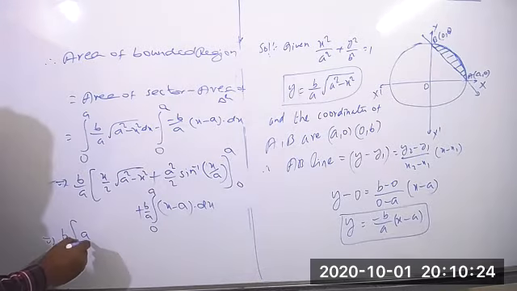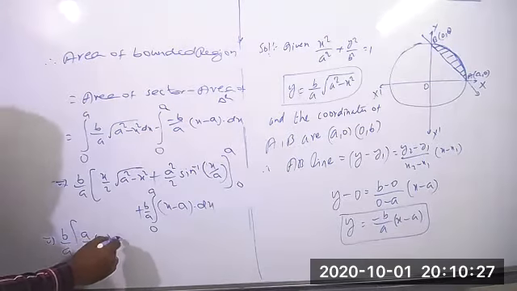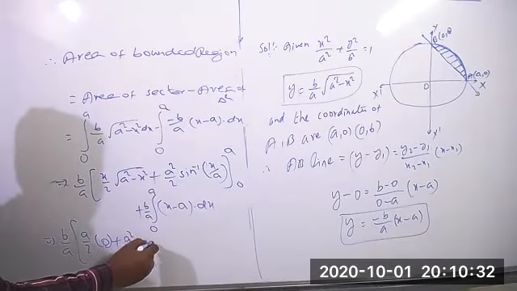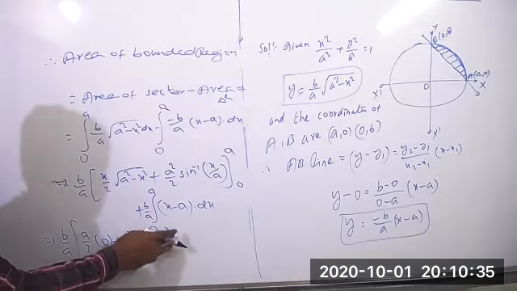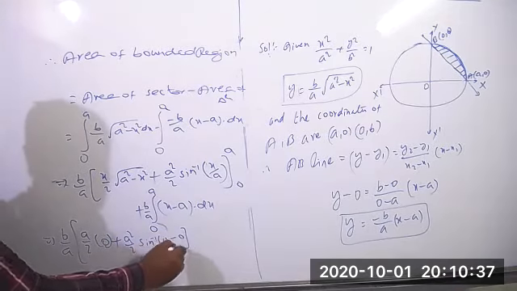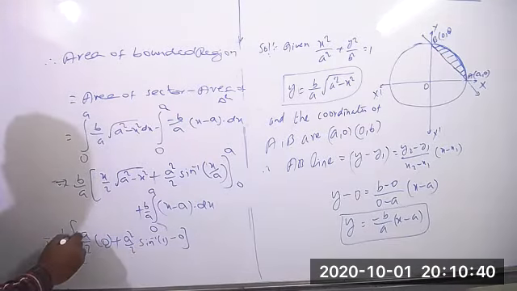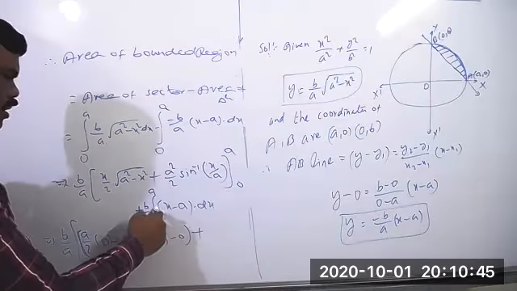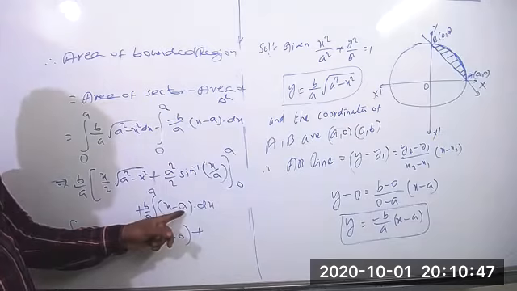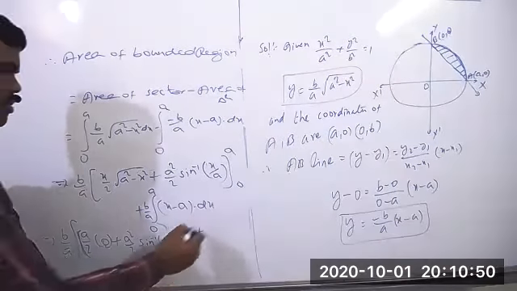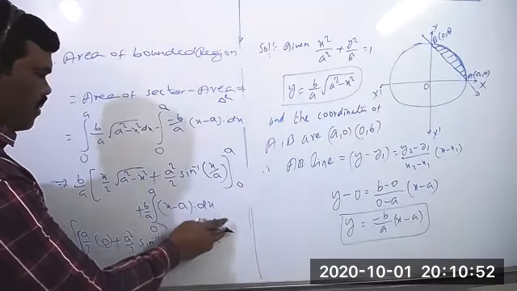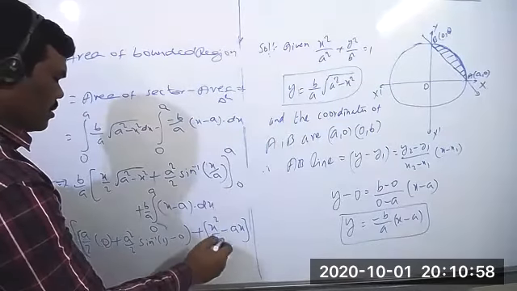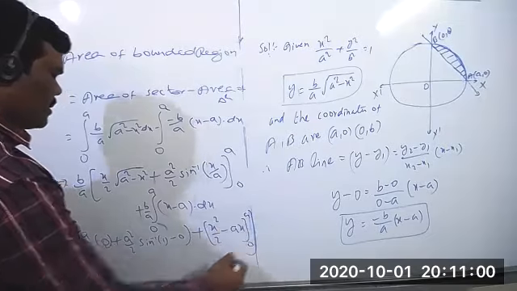Already a by 2 into 0 will get plus a square by 2 into sin inverse of 1, sin inverse of 1 minus 0, plus the integration of x minus a equal to x square by 2 minus ax, limits 0 to a.